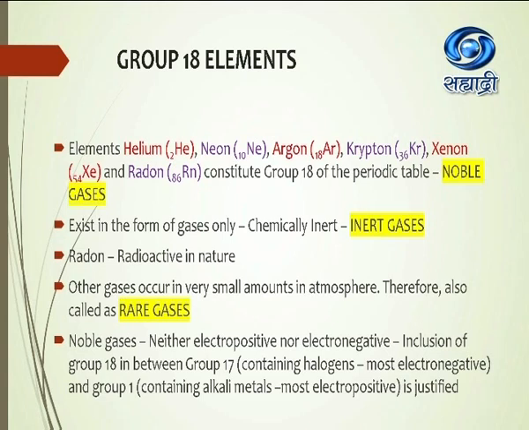These elements are all gases in nature, and these are called as noble gases. Noble gases means the elements never take part in chemical combination and hence called as noble gases. They exist in the form of gases only, chemically inert.